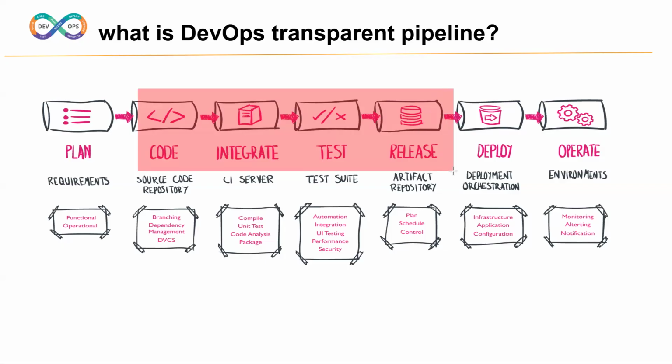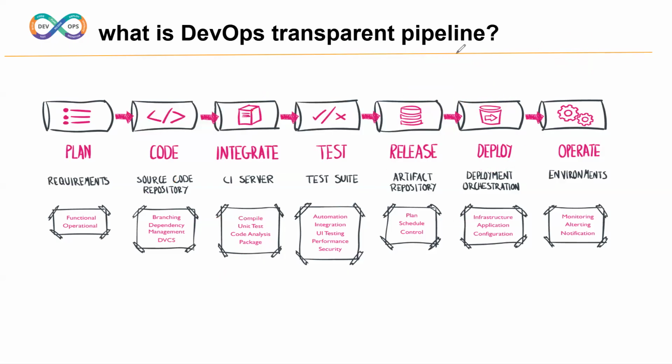Once that is done, we deploy our applications on hundreds of servers. But how can we automate these hundreds of servers? With the help of configuration management.